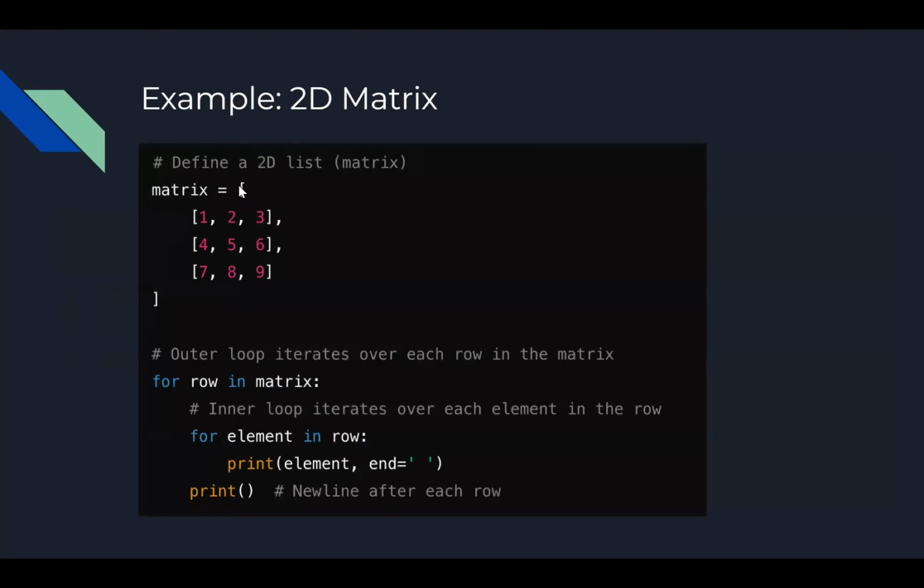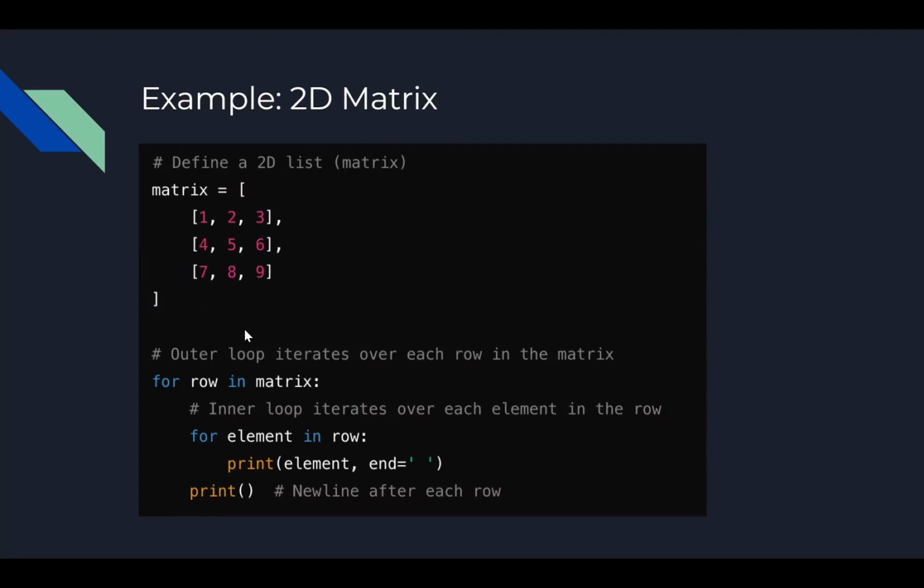Matrix is defined as a list, and for each element inside the matrix, we also have another list. So we have a list of 3 numbers, another 3 numbers, and another 3 numbers. So our matrix list is 3 elements long, and each list in that is also 3 elements long.